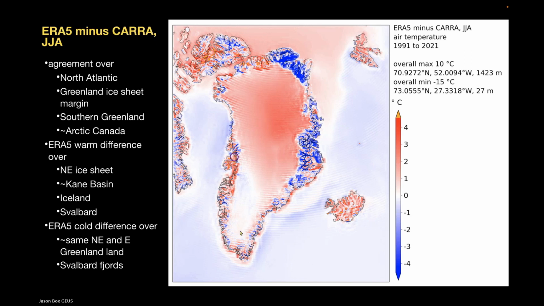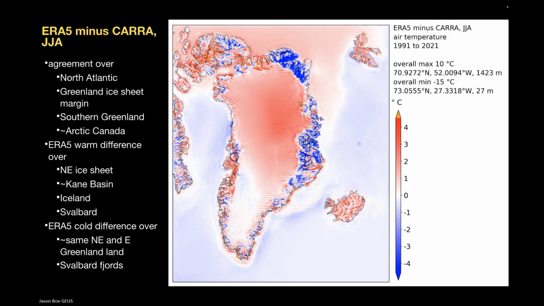And in summer, the southern Greenland ice sheet, ERA5 and CARRA are in agreement. And along the Greenland ice sheet margin, see the white colors, that's where difference is 0. So there's a strong boundary effect between land and ice sheet, but it seems to be to our benefit if you're using ERA5 to get an accurate number right at the ice margin. However, warm differences over northern Greenland, Iceland, Svalbard, and this part of the Arctic Ocean, etc.